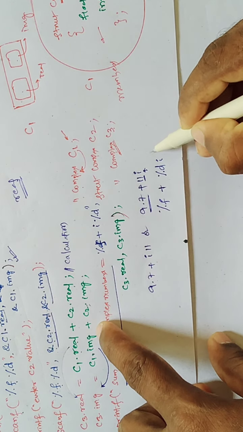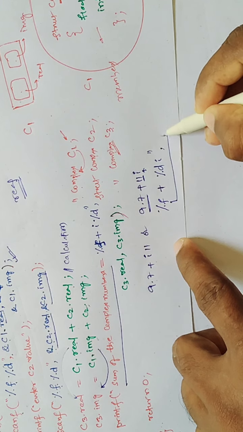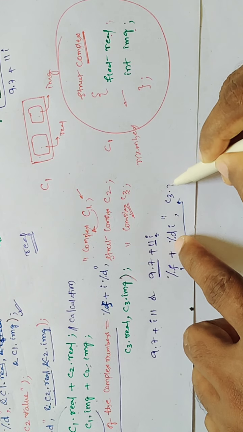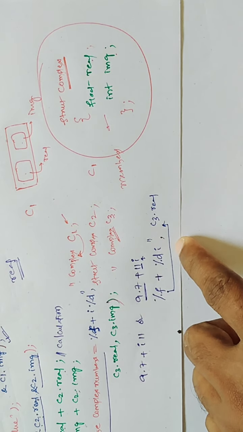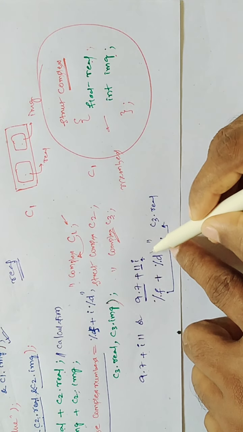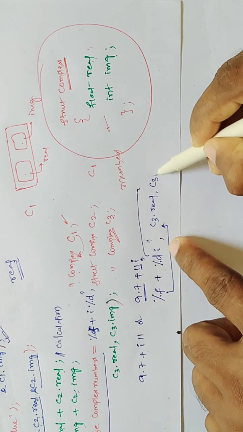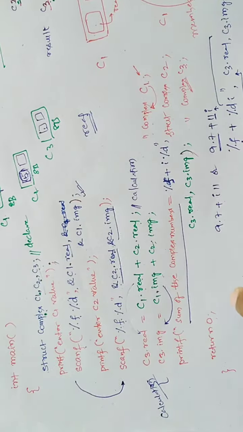I have to specify that this percentage f belongs to the result, C3 dot real. Same way, percentage d belongs to C3 dot imaginary.